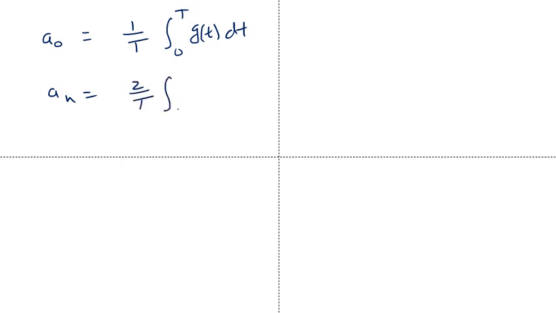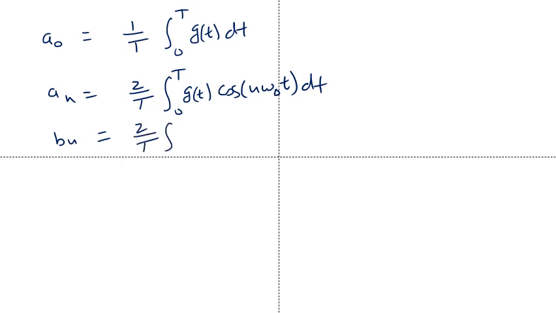A naught will be equal to 1 by capital T integral 0 to T g(t) dt, and An will be equal to 2 by capital T integral 0 to T g(t) cos of n omega naught t dt, and Bn will be equal to 2 by capital T integral 0 to T g(t) sin n omega naught t dt.